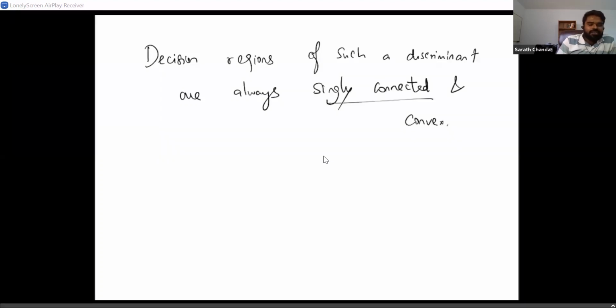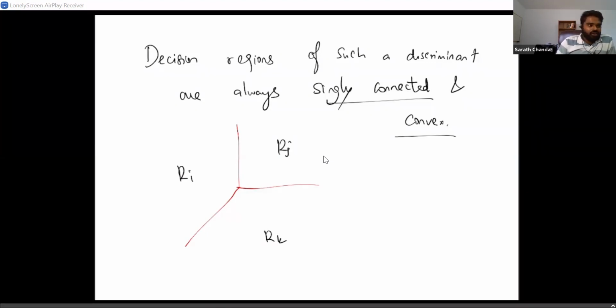So what do I mean by singly connected and convex? This particular way of doing multi-class classification does not have the confusing regions. If you have three classes, your decision boundary would look something like this, where this is some class Ri, this is Rj, this is Rk. I call it singly connected because everything of one region is together.